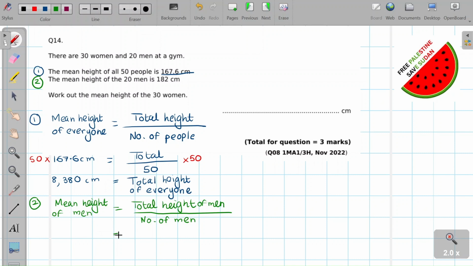Okay, mean height of the men was 182 centimeters. Total height of men, I don't know at this moment in time. And the number of men, I do know, that's 20 men.